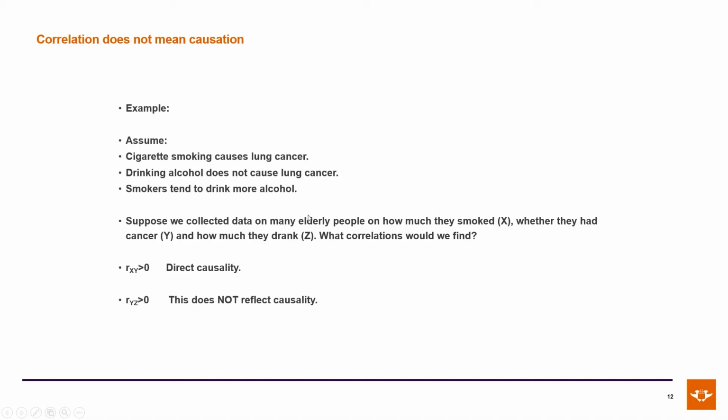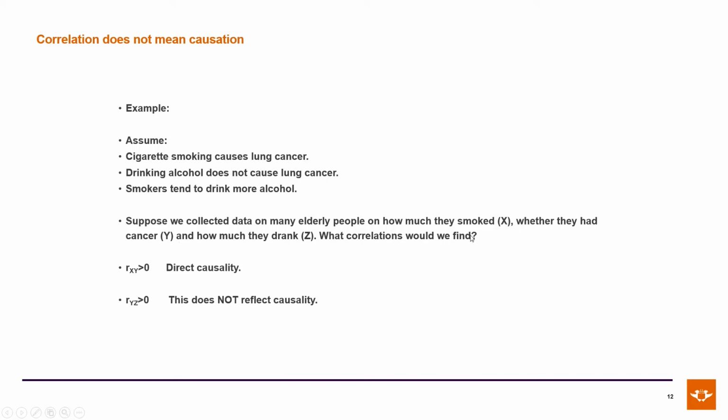Now, if we run a correlation between Y and Z, because smoking drives up lung cancer as well as drinking in our scenario, both of them will move up due to this factor. So it'll seem like drinking moves together with lung cancer, even though we know that drinking doesn't cause lung cancer.